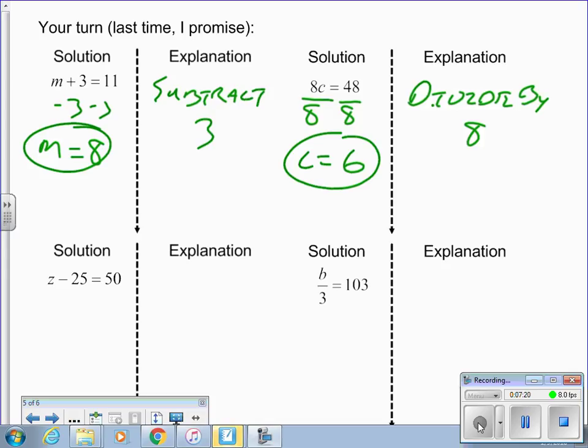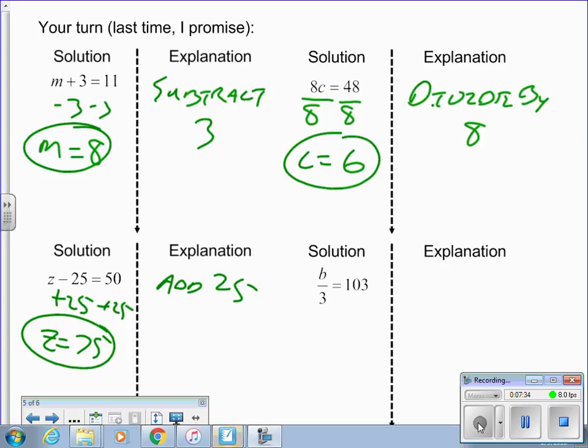And then on this one, what do I do here? Add 25. I get Z equals 75. And on this one, what do I do here? I multiply by 3. By 3, and I get B equals 309.